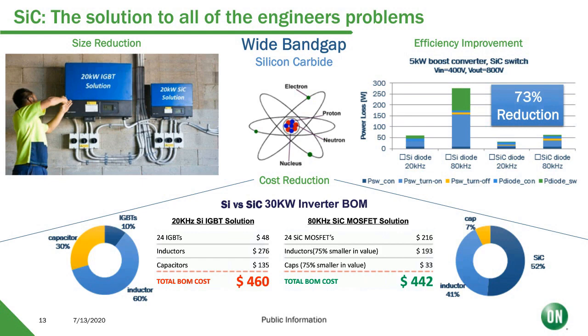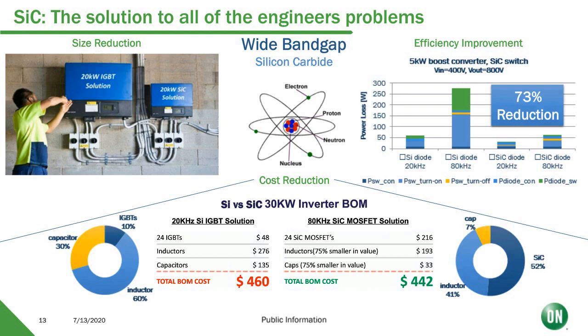Using these smaller inductors and capacitors can reduce the overall BOM cost of the solution to where it's either on par or sometimes cheaper than a traditional silicon solution. So yes, overall, silicon carbide MOSFETs are more expensive than IGBTs, but from a full system perspective, it is comparable in terms of cost.